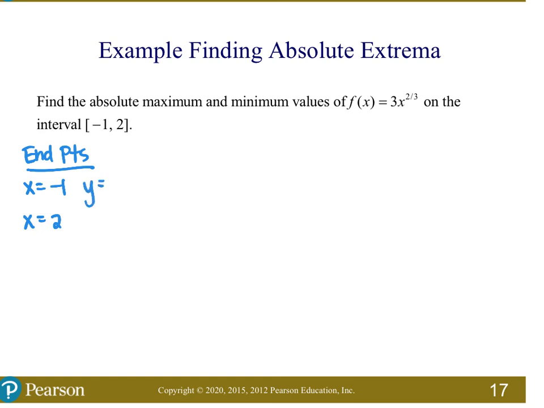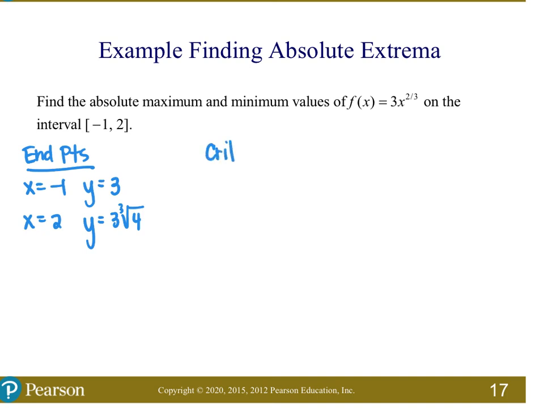When x is -1, and I put that into the equation, I get 3. And when I put in x is 2, I'm going to get 3 times the cube root of 4. So the 3 is lower than the 3 times the cube root of 4. That's going to be the higher one.